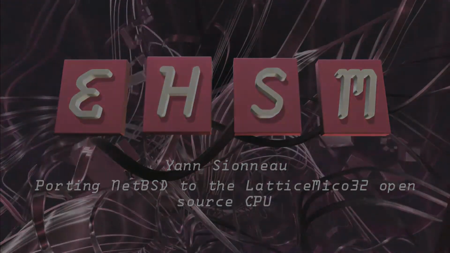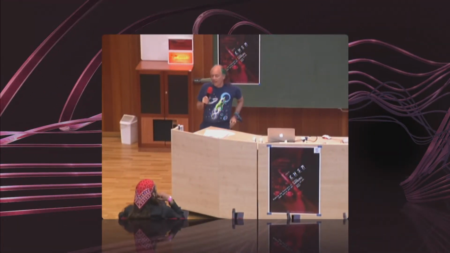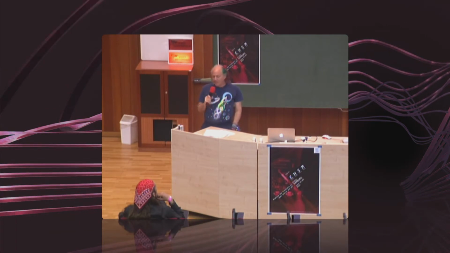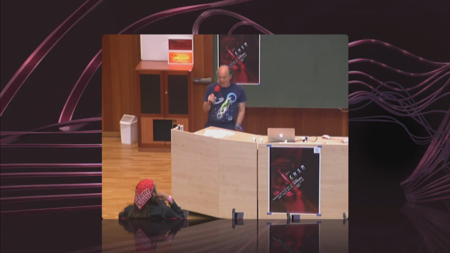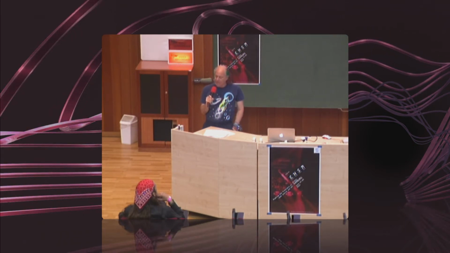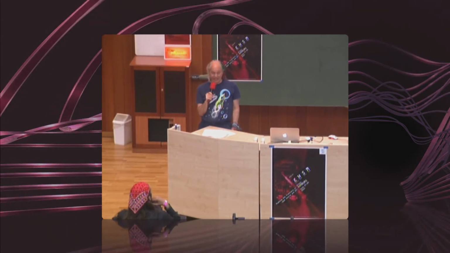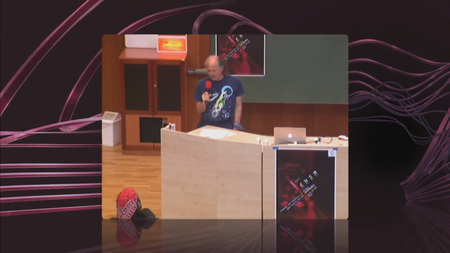Well, welcome to the next talk this afternoon for EHSM, the second edition. Next up is Yann Sionneau. He's part of MLab's community, which is this really cool community that works with FPGAs. That's a way of doing really intense electronics, including Milkymist, which was developed by Sébastien, the main organizer of EHSM.